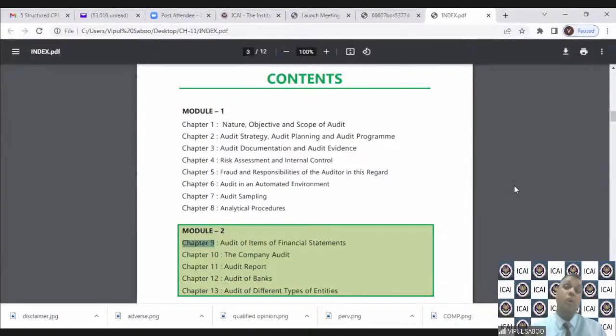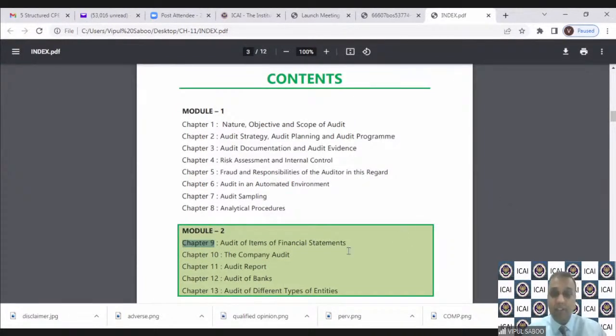How do you audit the various items of financial statements of the balance sheet, of the profit and loss, the incomes, the expenditures, the expenses, the assets, the liabilities, each and every head. How do you audit the financial statement? So this was a comprehensive task, and it was quite a big chapter, chapter 9, because it formed the ground, it laid the foundation for auditing various other entities.